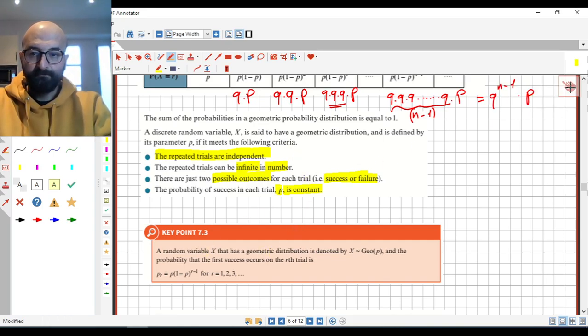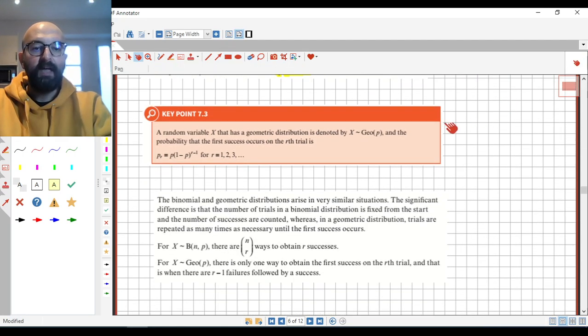And we can say that a random variable X that has a geometric distribution is denoted by X, our variable name, follows the geometric distribution, and according to this notation, P is the probability of success.